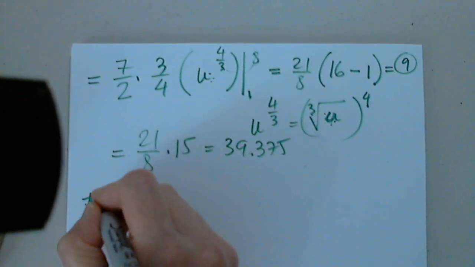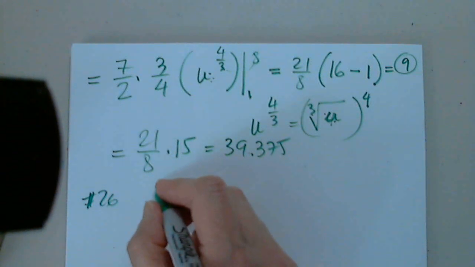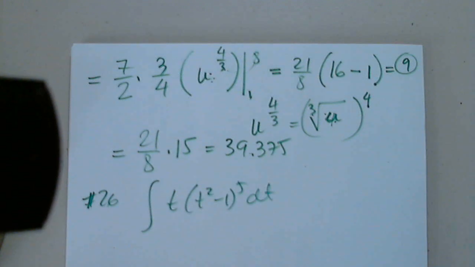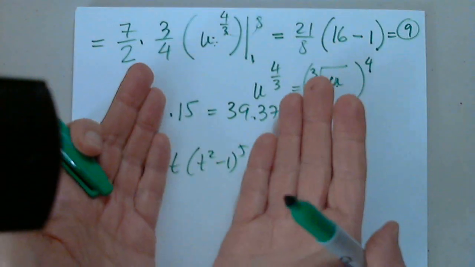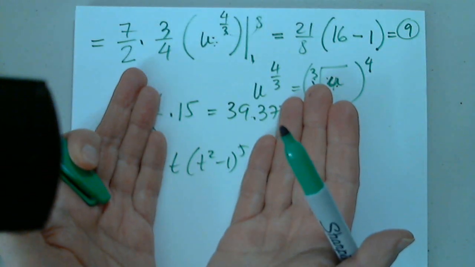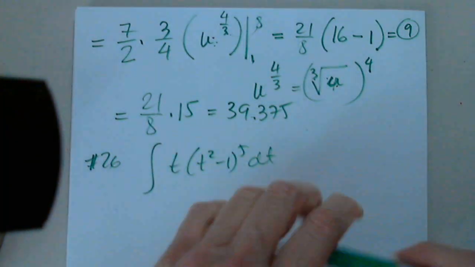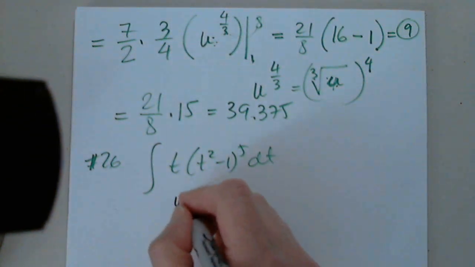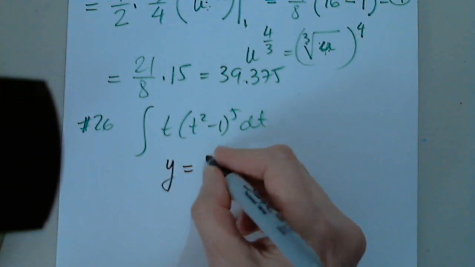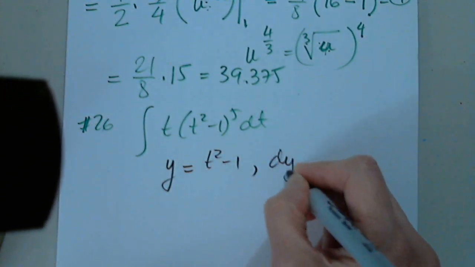Yes. Very good. 26. So we have the integral of t times the quantity t squared minus 1 to the 5th, dt. Awesome. Looking at this function, can anyone come up with a substitution? Is it t squared minus 1? Excellent.